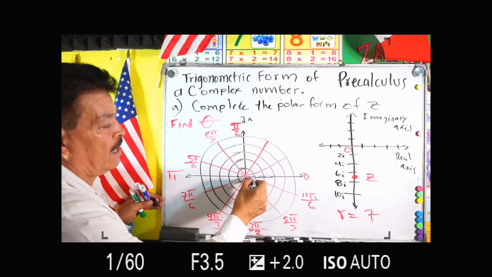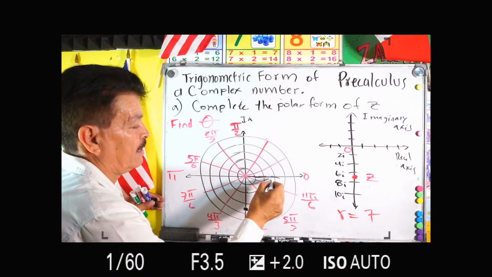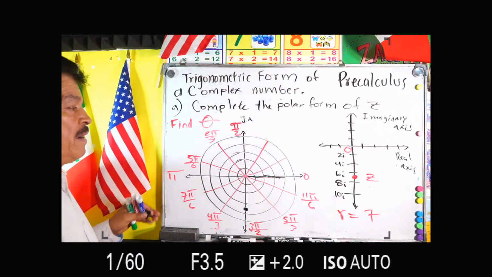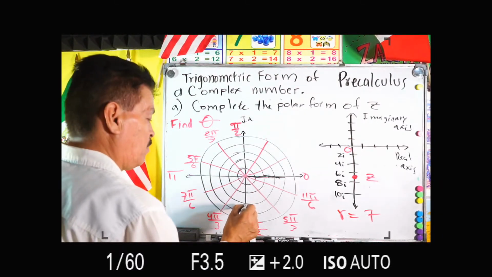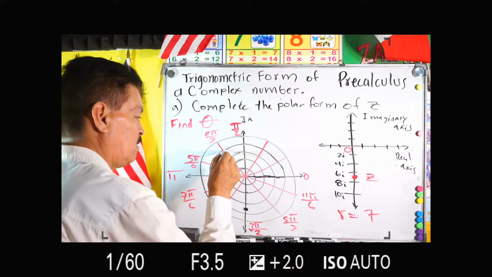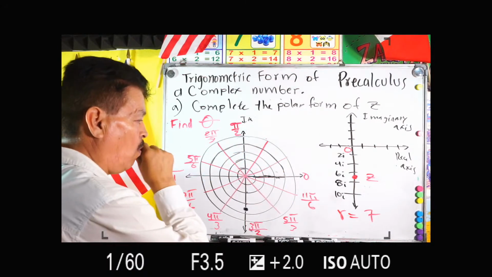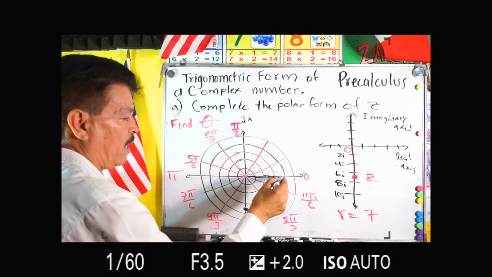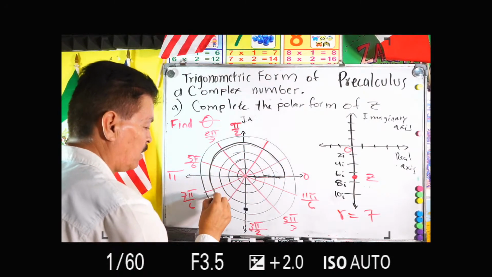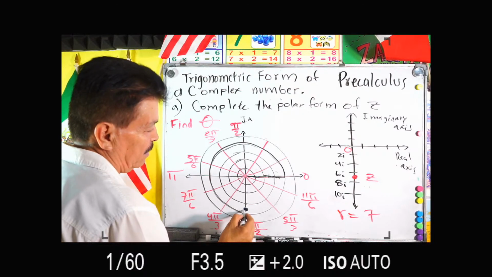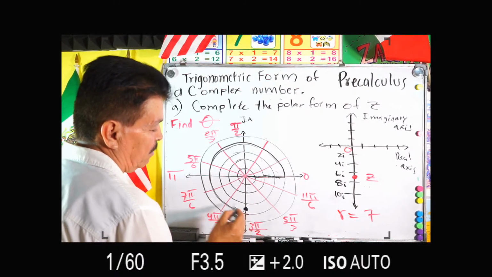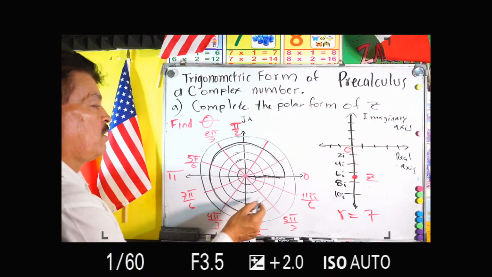We need to start at the origin on the segment of the real axis, so we have to move from here all the way to the point, starting counterclockwise. It's in the middle.